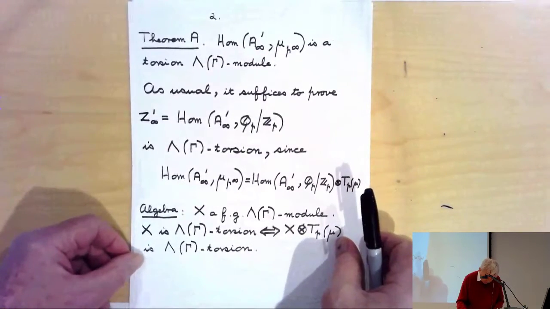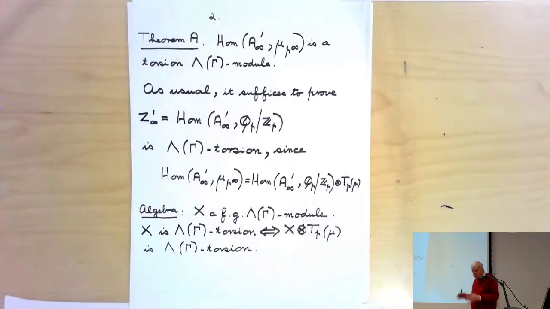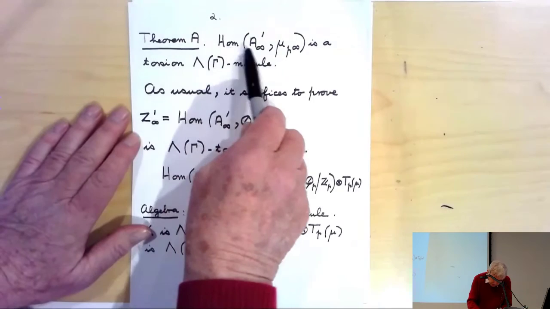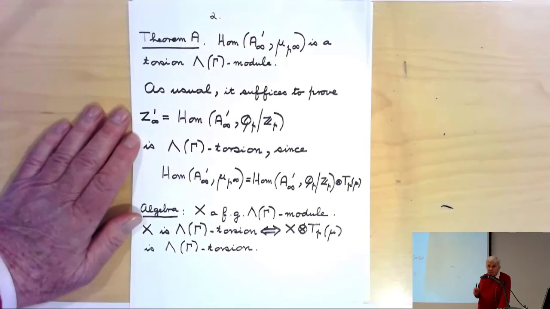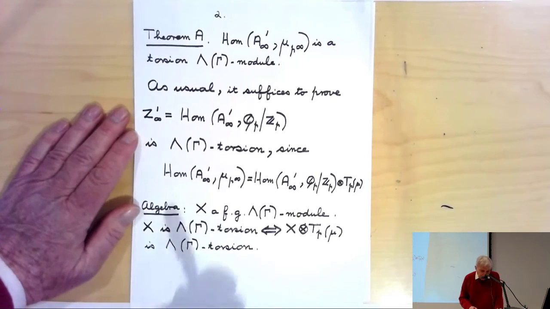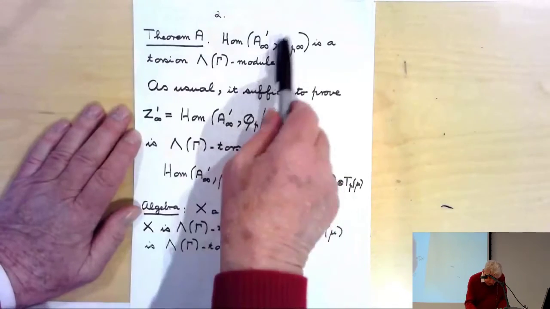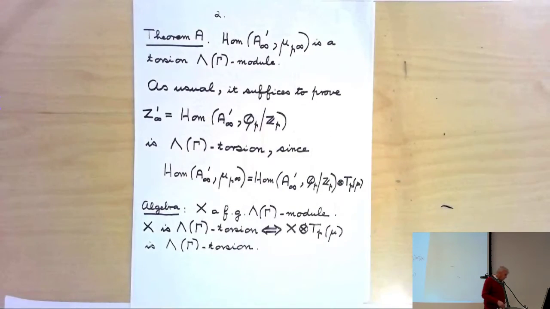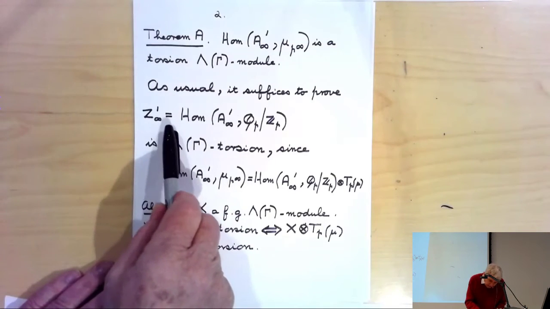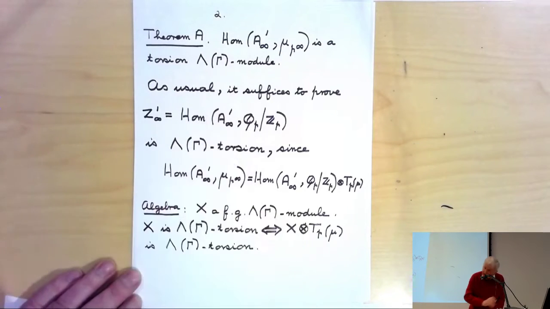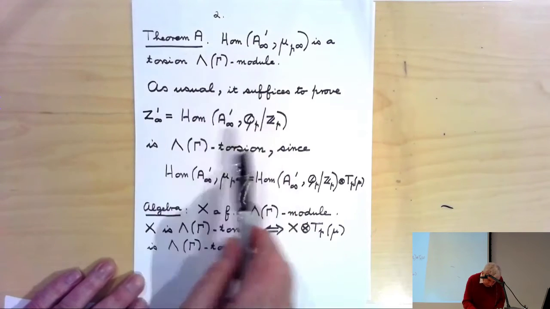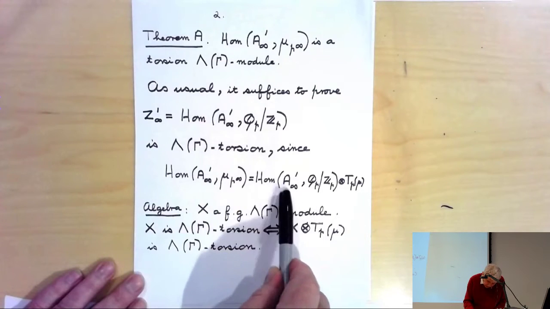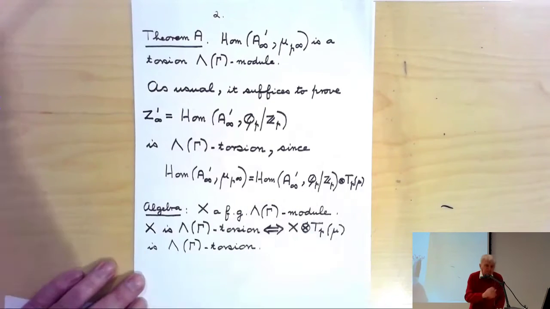Theorem A was actually, in the cyclotomic case, that the homomorphisms of A infinity prime into mu_{p^infinity} is a torsion Lambda-Gamma module. That was the exact statement of theorem A. But as usual, the fact that you have mu_{p^infinity} there is just a twisting by roots of unity. If I write Z infinity prime for the homomorphisms of A infinity prime into Q_p mod Z_p, then this Z infinity prime will just be this twisted by the Tate module.